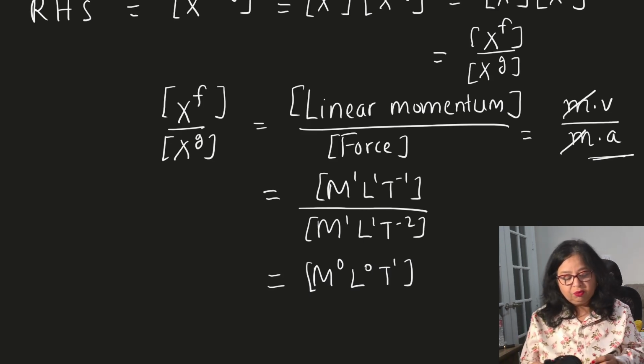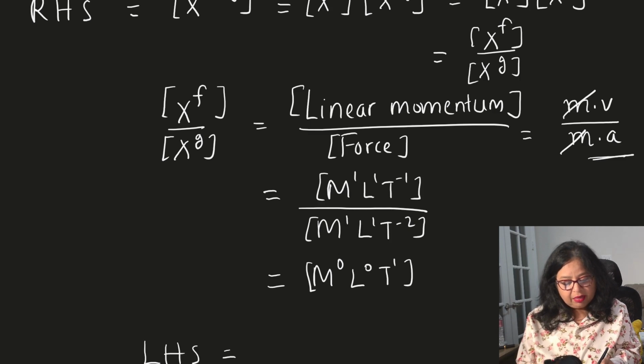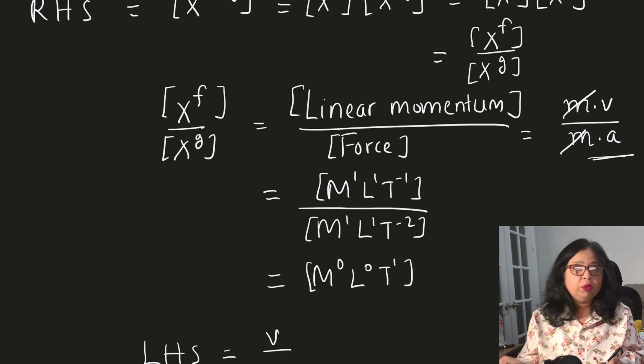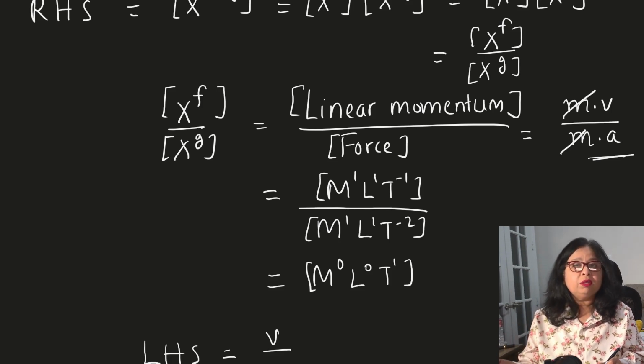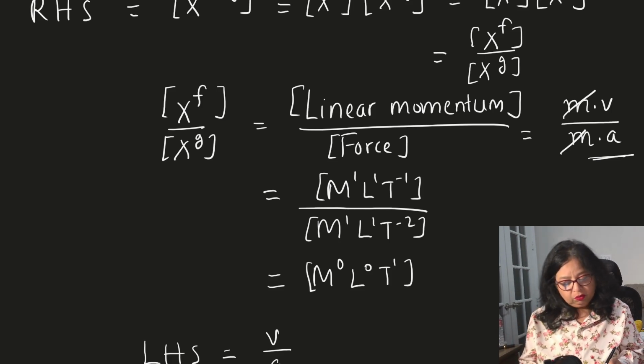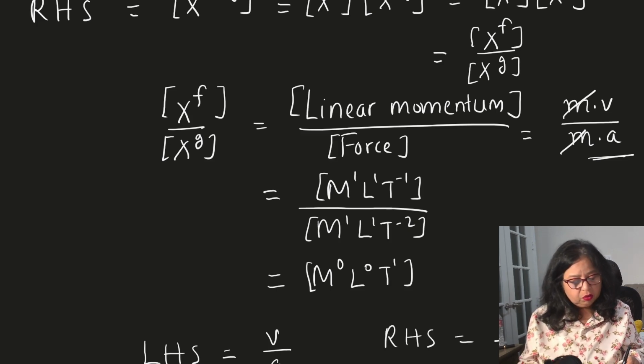As soon as you realize that the left hand side is, let's call speed v, because we're really concerned with either the SI units or the dimensions, and for speed and velocity both, the dimensions and the SI units are identical. So this is velocity over acceleration, and the right hand side is also velocity over acceleration after the masses cancel out.